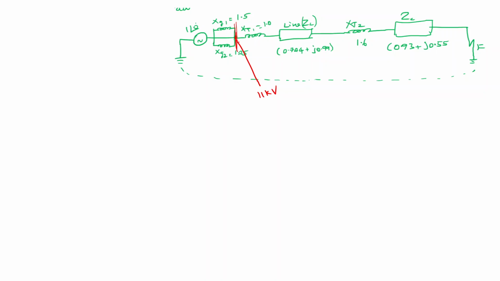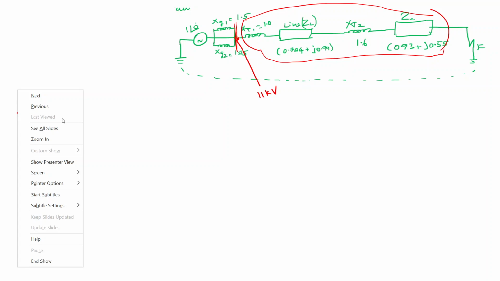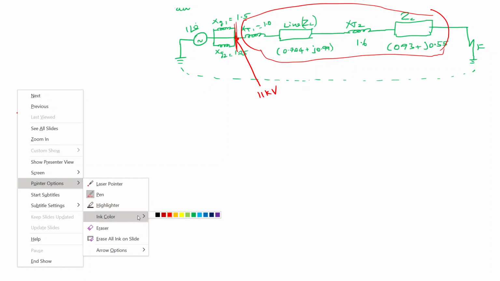They're asking for the voltage at this point, so we need to know the impedance only from here to here. How do we find the impedance in this area? Just add all the impedances after the 11 kV point.